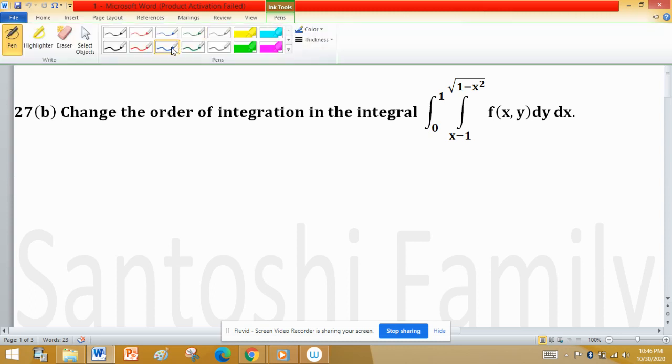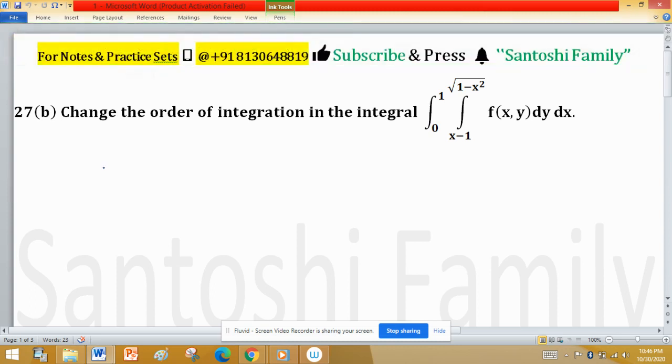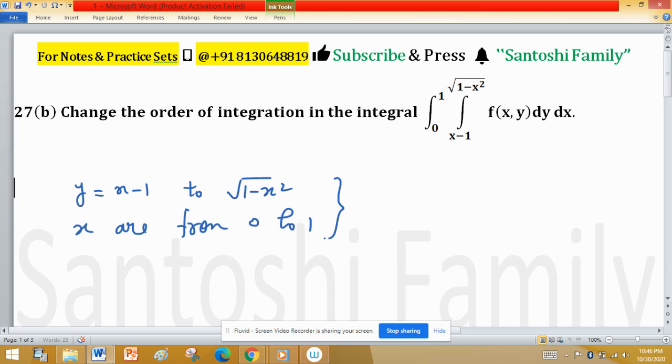First we need the domain of integration. The y limits are given: y equal to x minus 1 to square root of 1 minus x square, and the limits of x are from 0 to 1. With the help of this, first draw the domain of integration. y equal to x minus 1 represents the equation of the line x minus y equal to 1.